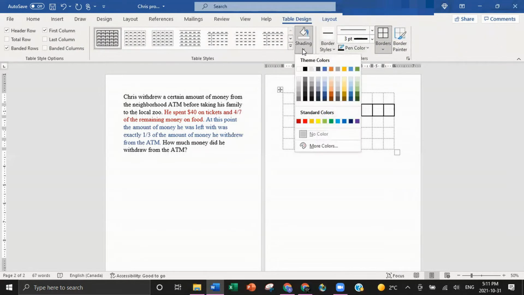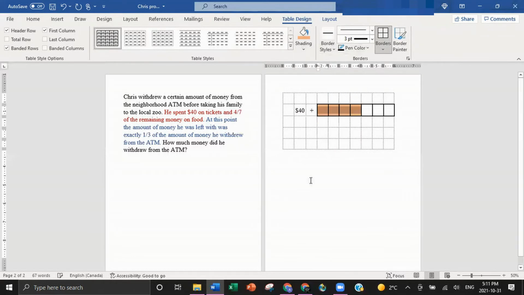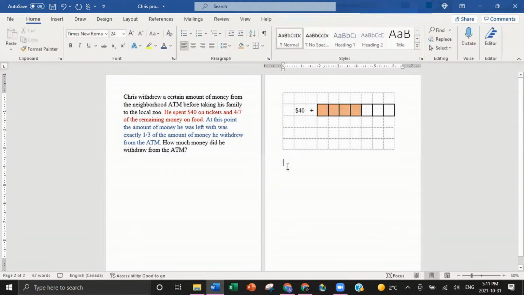And we'll just shade in the 4/7 as it is important to the question. And of course, we've shaded 4 cells orange because he has spent 4/7 of the remaining money on some food, as it says in the question.